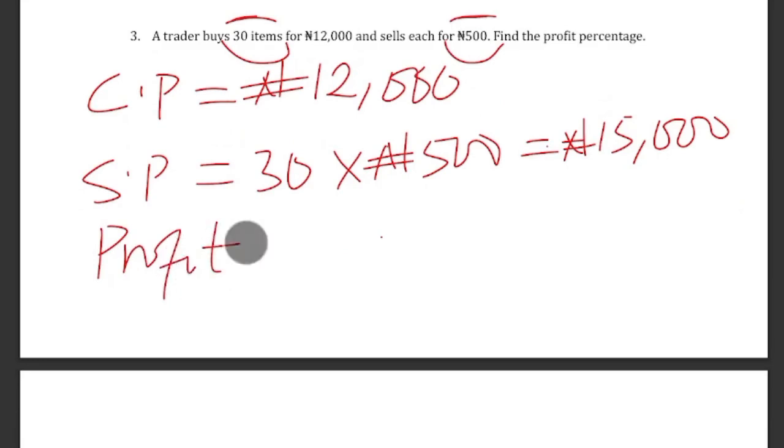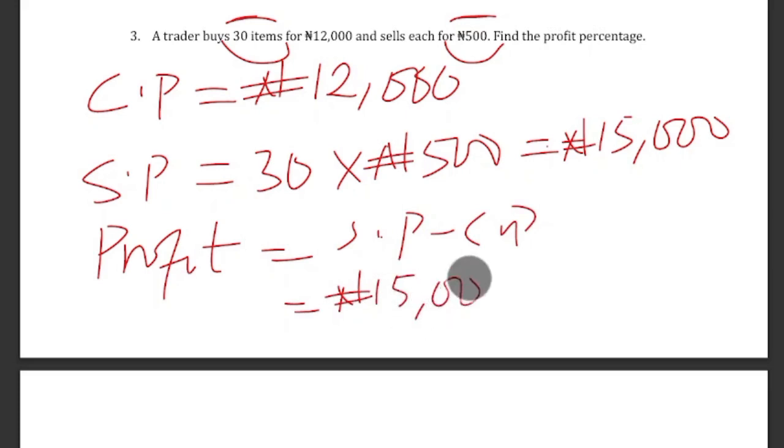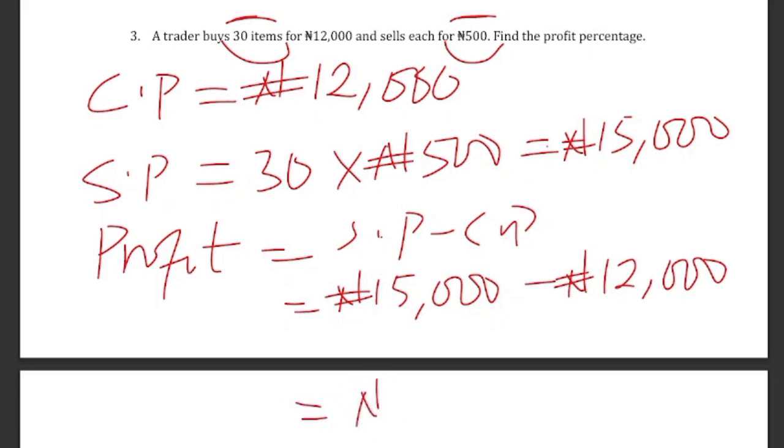So the profit will then be the selling price minus the cost price. So the selling price is 15,000 naira minus the cost price, which is 12,000 naira. I hope I'm making sense. So this will give us 3,000 naira.